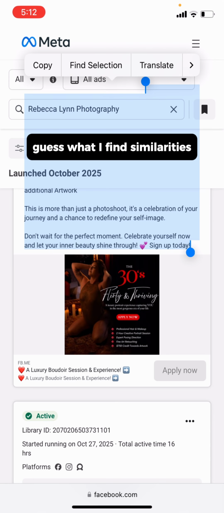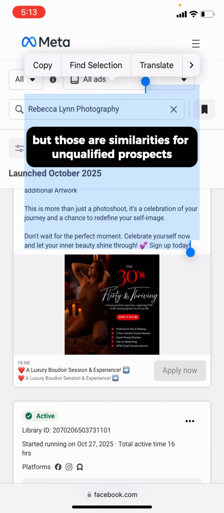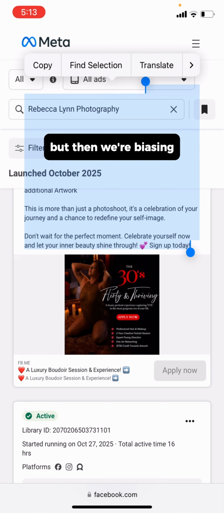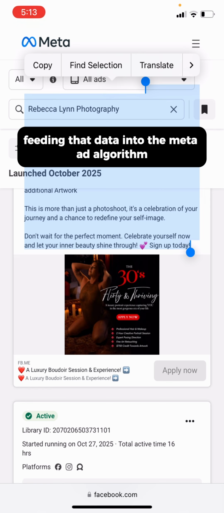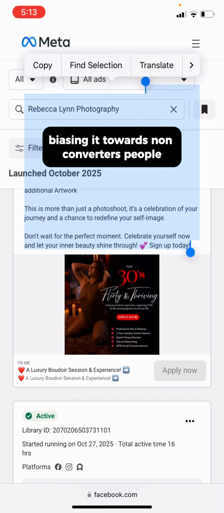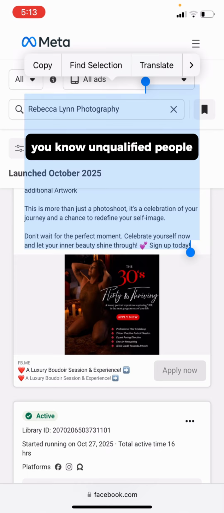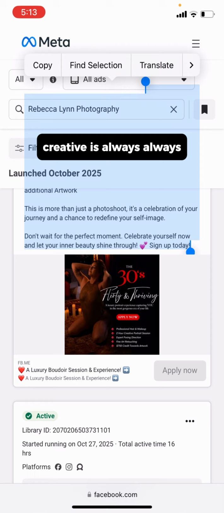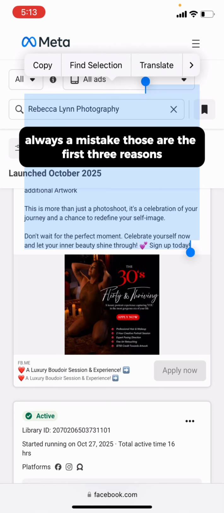It finds similarities, but those are similarities for unqualified prospects, people that our offer is not for. But then we're feeding that data into the Meta ad algorithm, biasing it towards non-converters, towards unqualified Meta profiles that our offer is not for, that will never ever buy it. So this is 80% of the reason having this stuff below the ad creative is always, always, always a mistake. Those are the 3 reasons.